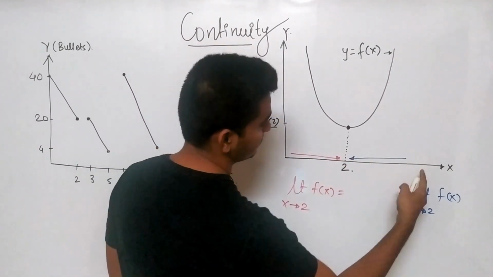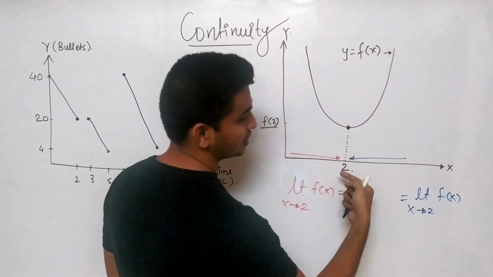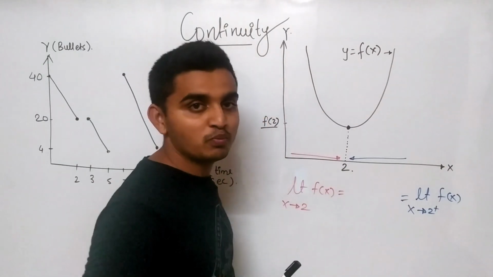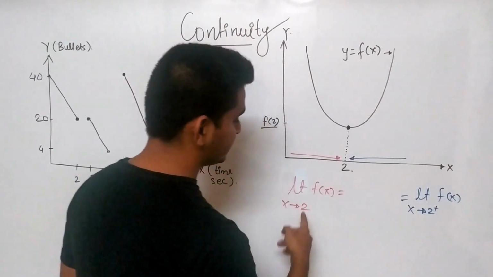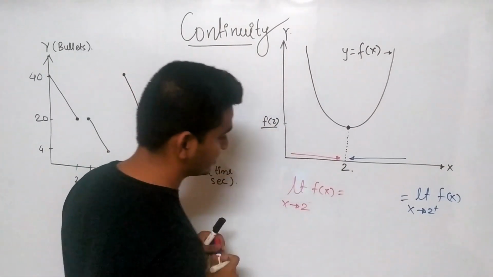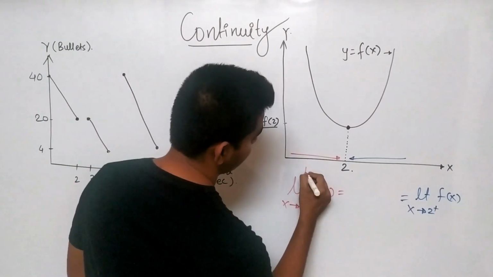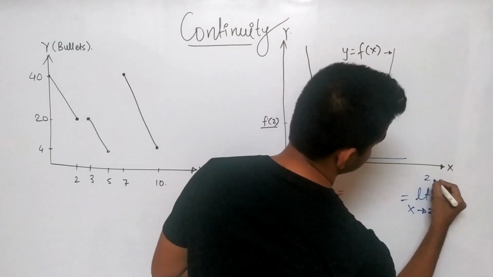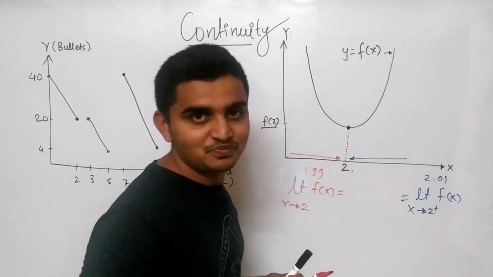So what they said was, if they are coming from the positive side of the x-axis, let's take this as 2 plus, and let's take these values as minus. So in this case it can be 1.99, or let's say in this case it can be 2.01.